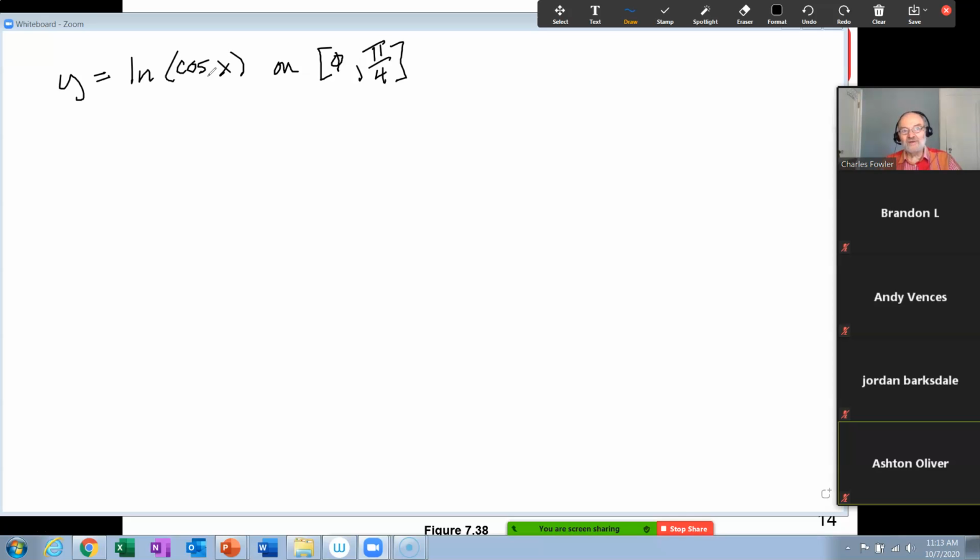So sure enough, this function starts at 0 and goes negative, and that's what it looks like. And they only show it from negative pi halves to pi halves because that's as far as it can ever go. It can't ever reach 0 on either end. So that's what, but we're only interested in 0 to pi fourths. So that's the graph we're looking at. Not a very long curve, obviously, so I think we can handle that without too much problem.